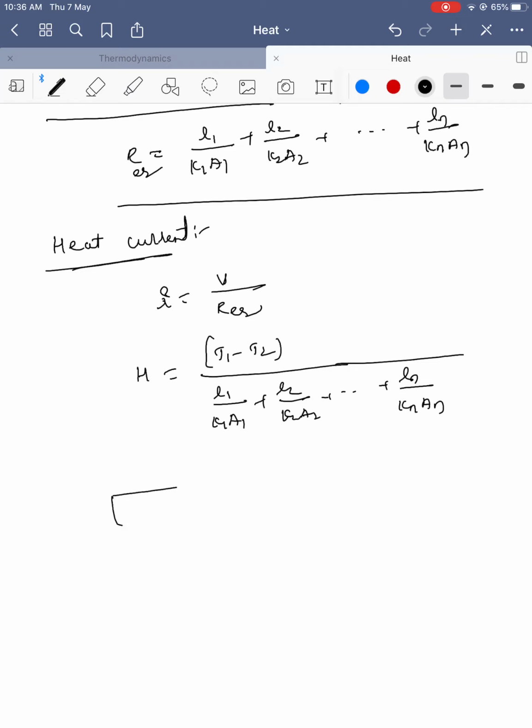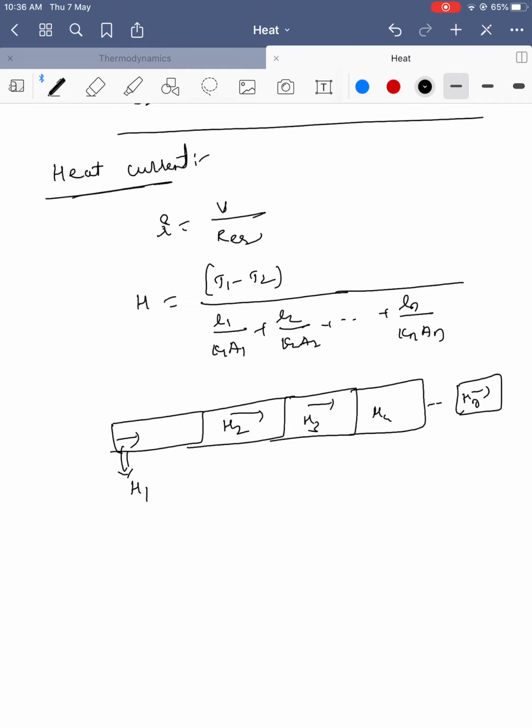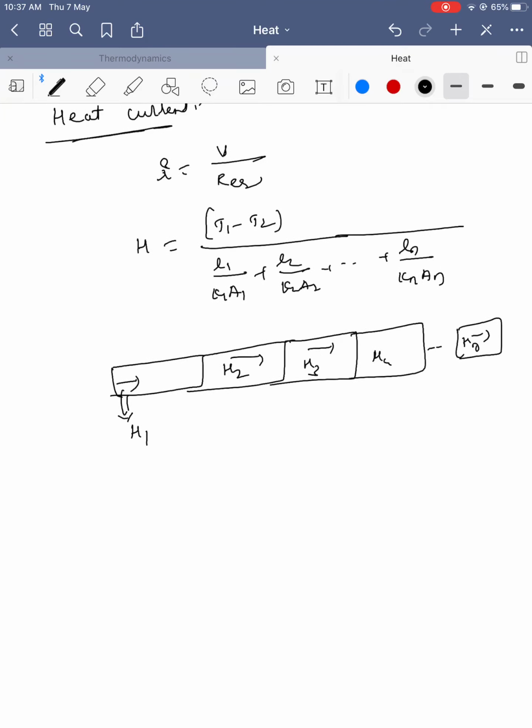So in this rod, wait a minute, I will explain one more thing. Say heat transfer rate is H1 here, H2 here, H3 and H4 and so on up to Hn for n rods. The heat flow is nothing but the current which is flowing in series.